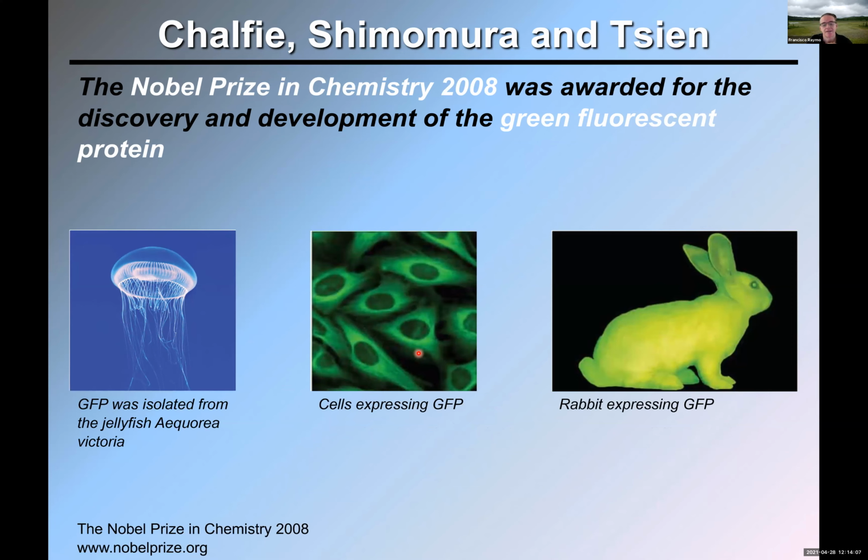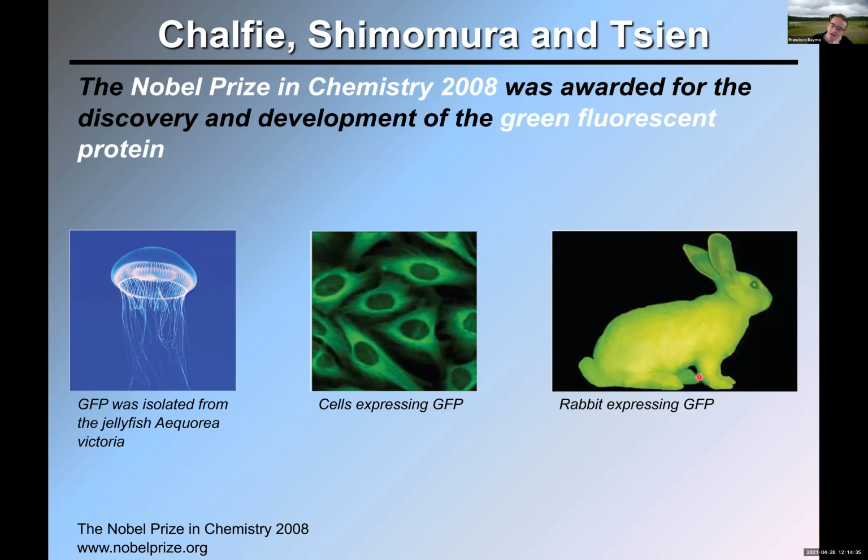In other words, you can instruct your cells to synthesize on their own the green fluorescent protein. And then you can measure the fluorescence that comes out of the green fluorescent protein to image the cells. And also, you can instruct the cells to synthesize the GFP in specific locations so that you can send the fluorescent protein onto the target that you are interested in imaging.